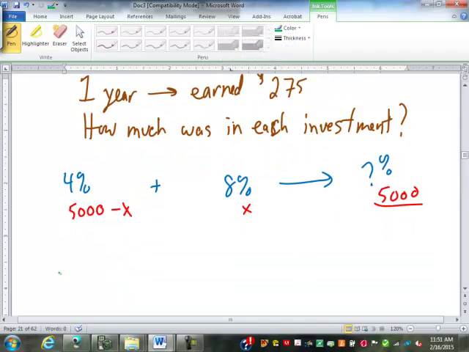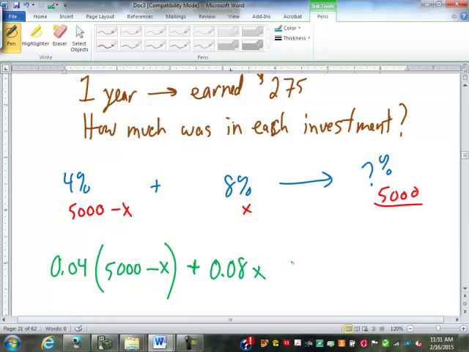So the amount of return from the 4% investment would be 0.04 times 5,000 minus X, plus the 8% investment would be 0.08 times X. And that's going to equal, now normally here we would do a percent times the amount, but we don't know the percent. But if we look at the problem closely, we are given what that total return was.